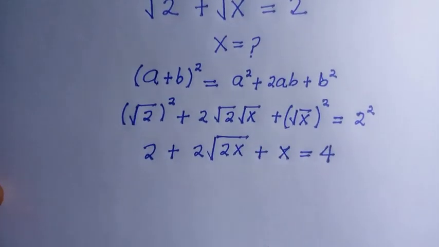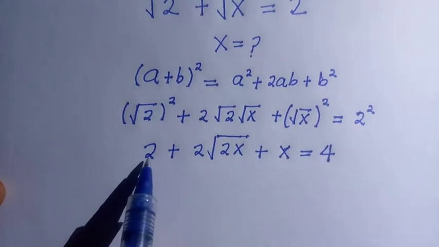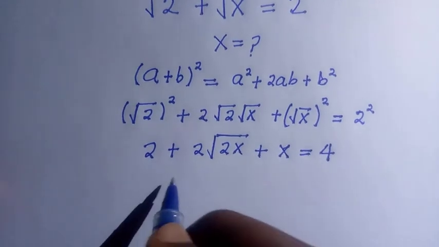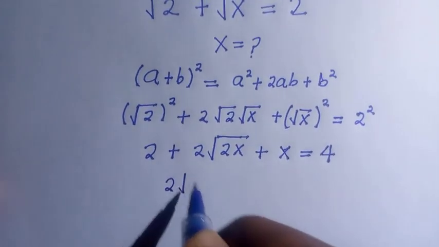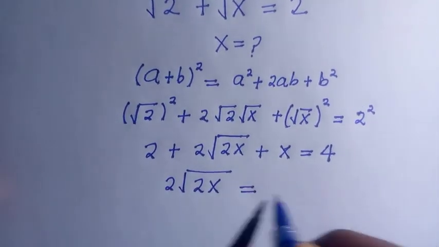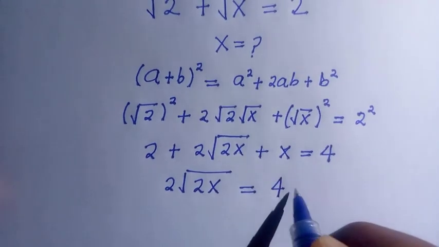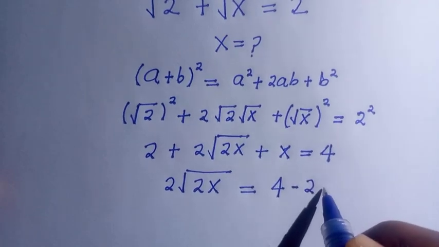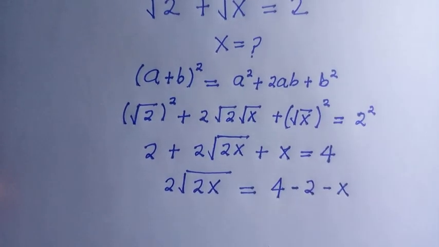So after having this, we proceed by transferring 2 and x to the other side, and at this point we have 2 root 2x equals 4 minus 2, then x again we have minus x.